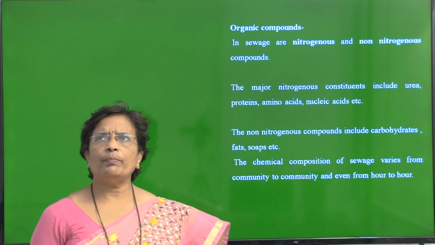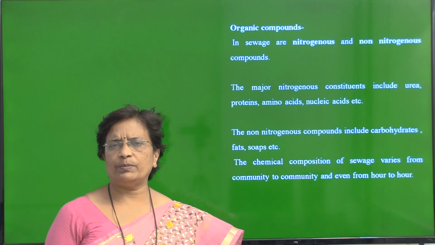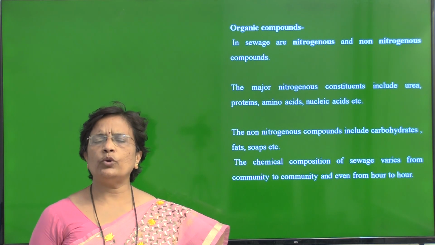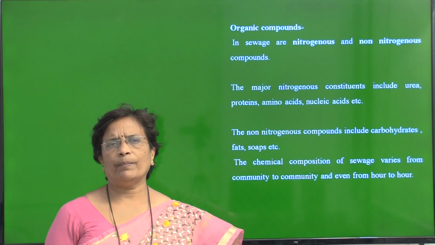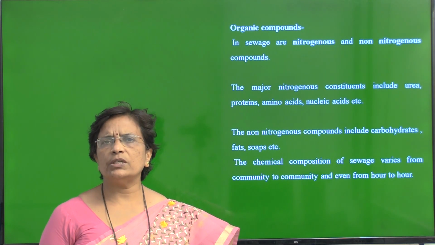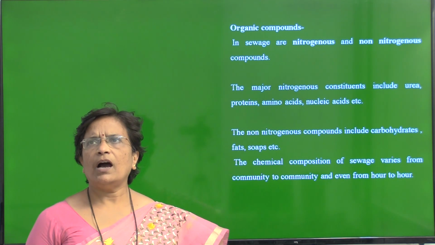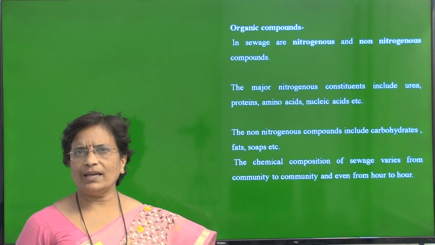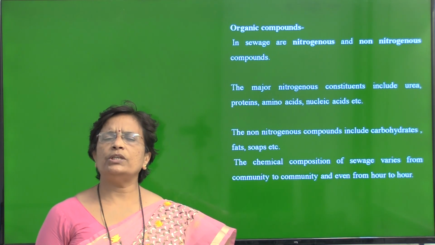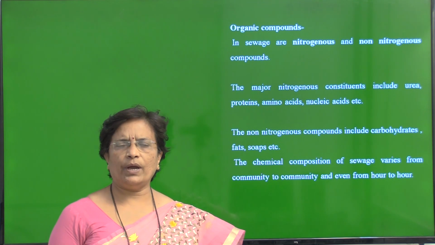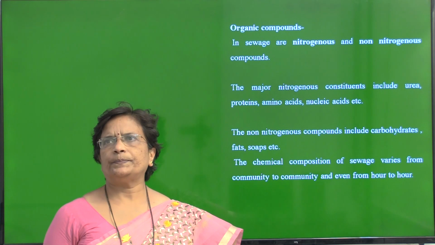The organic compounds present in the sewage are classified into two types, that is nitrogenous compounds and non-nitrogenous compounds. The major nitrogenous compounds include urea, proteins, amino acids, nucleic acids, etc. While the non-nitrogenous compounds include carbohydrates, fats, soaps, etc.